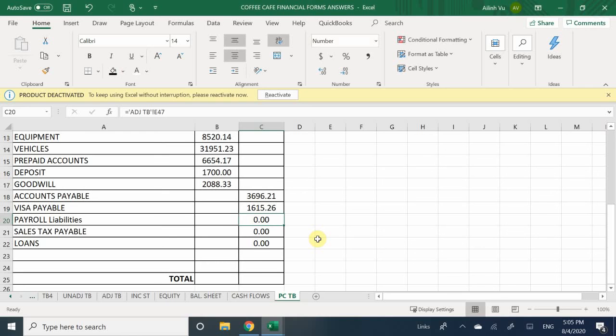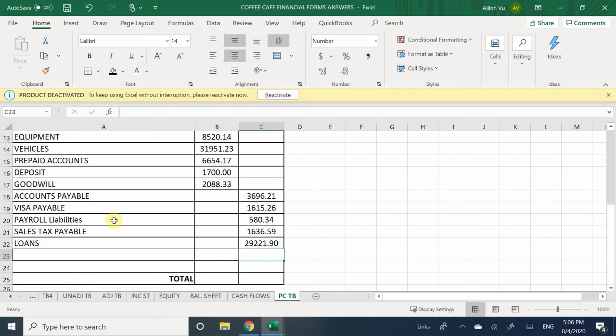My total payroll liabilities is going to be $580.34, and my total sales tax payable is $1,636.59, and then lastly my loans was for $29,221.90.